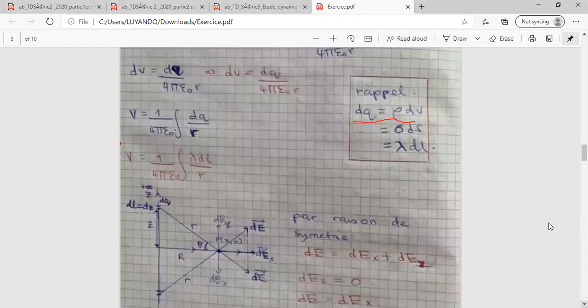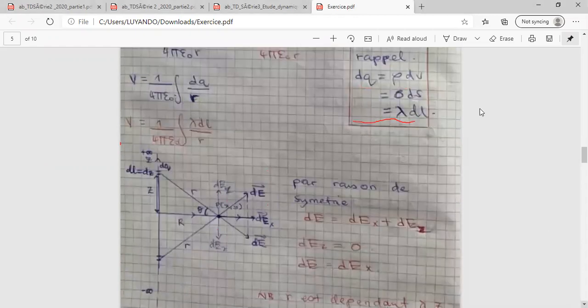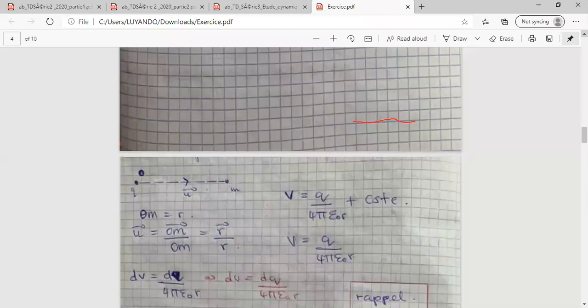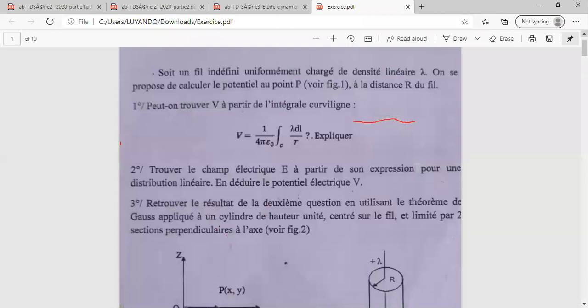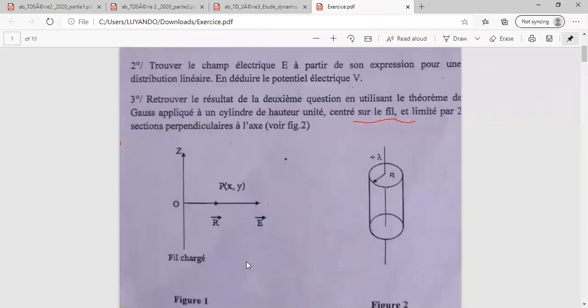From our question, let me go back to our question. Our question is here. This is figure 1 for question number 1.